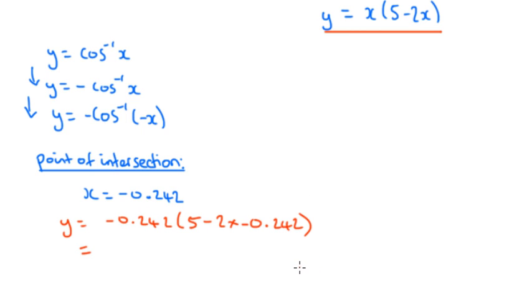So I'm now going to take that number, times it by 5 minus 2 times the number that was on my screen, and that gives me a y value of minus 1.33 to 3 significant figures. So we've got an x value of minus 0.242 and a y value of minus 1.33.